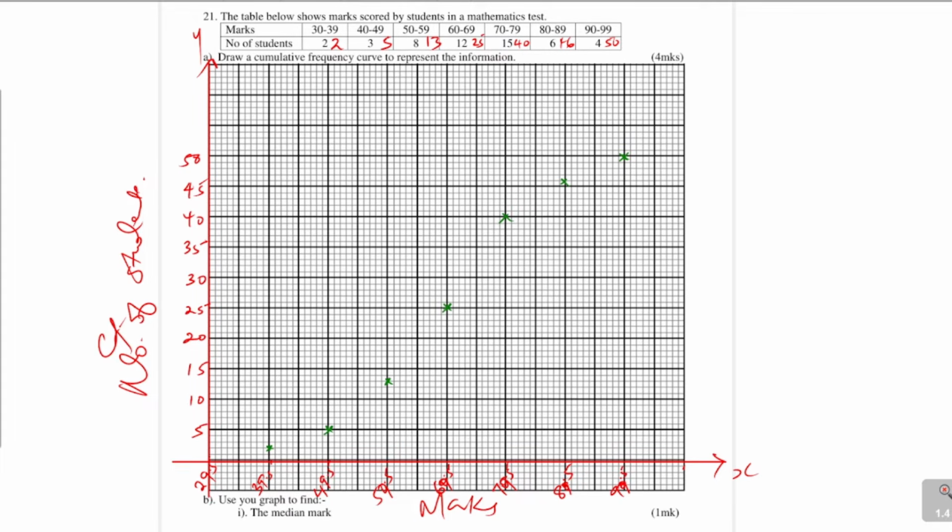So from there you can draw the curve using a smooth curve, joining these points.